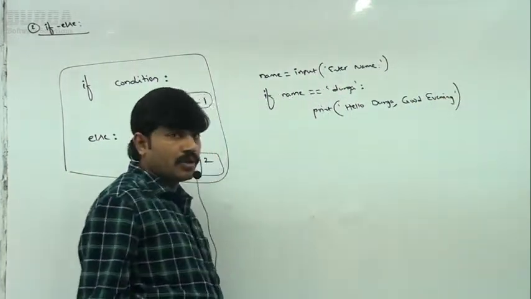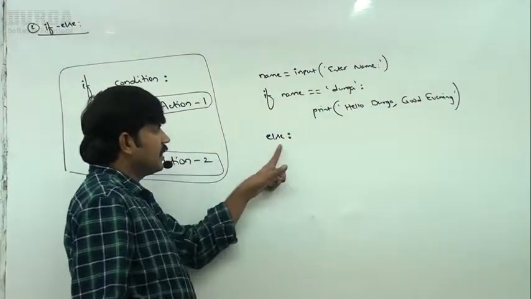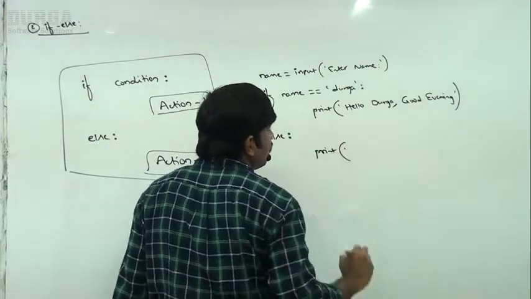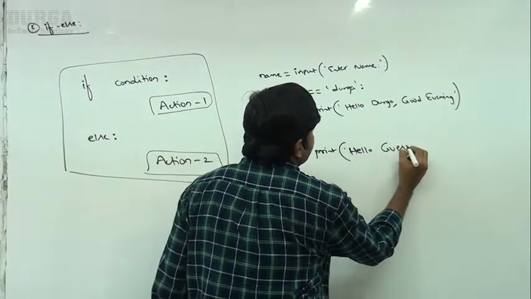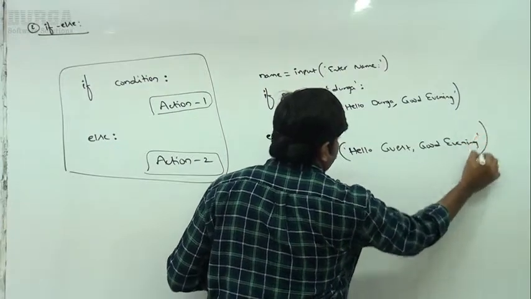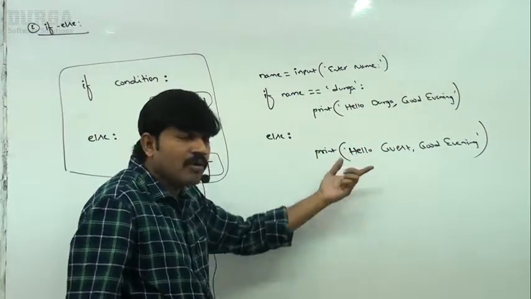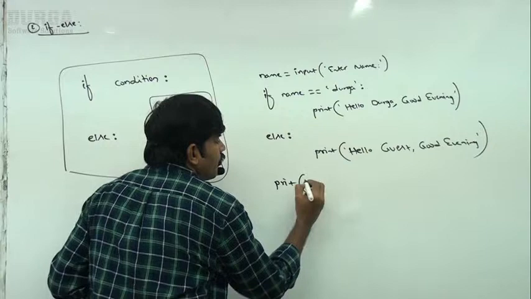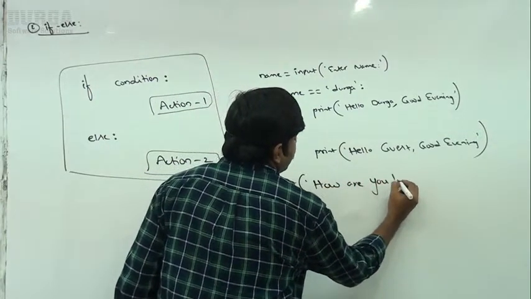Else colon, print hello guest, good evening. The system can recognize only Durga. If it is not Durga, then hello guest. Now print of "how are you?" Like this I'm asking.